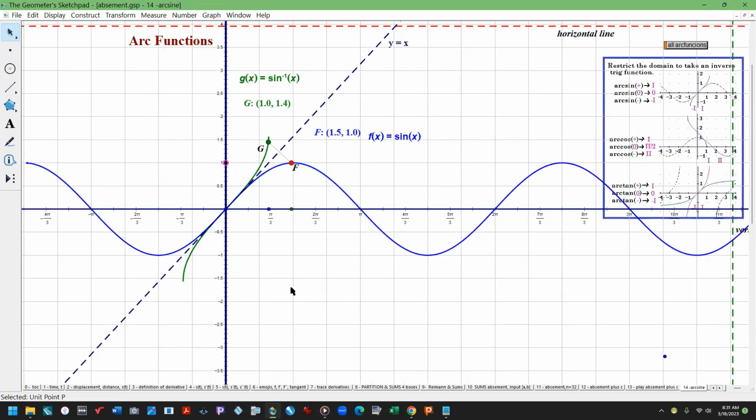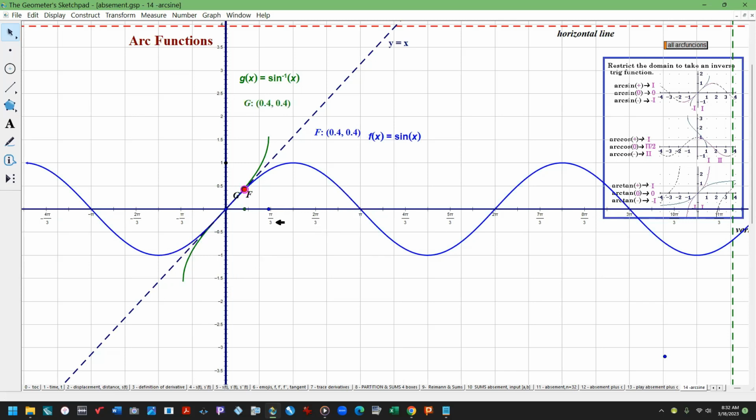Last two ideas. Arc functions are inverse of trig functions. And if I slide it out of the domain of the arc function, I will not get the points to end up in segments.